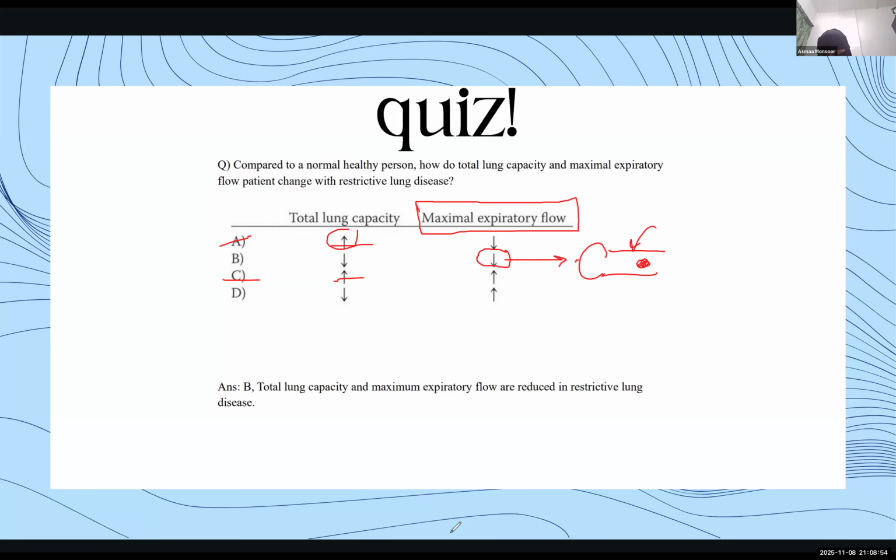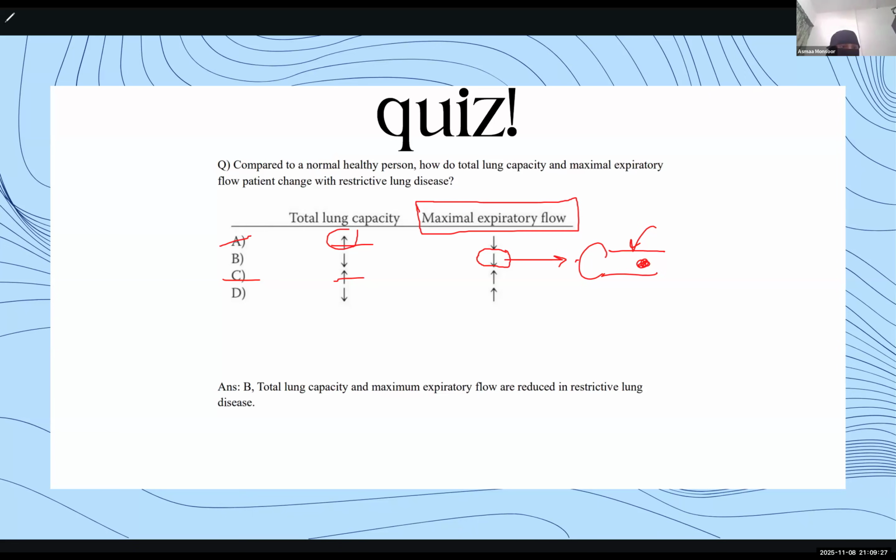Really? For emphysema? Hmm. Really? Yeah. Oh wait. Hmm. Did I make a mistake then?